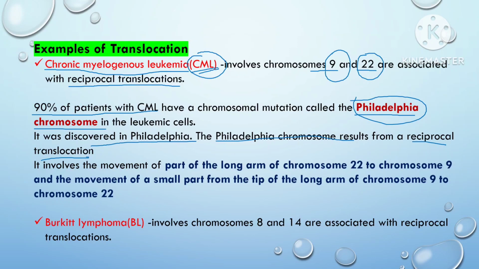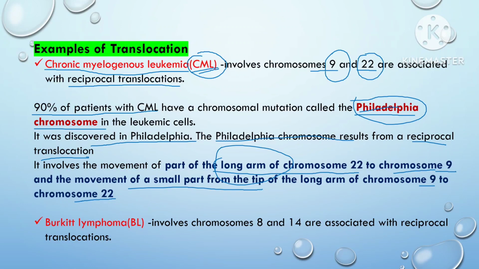It involves the movement of part of the long arm of chromosome number 22 and chromosome number 9. So the long arm of chromosome 22 is moved to chromosome number 9, and a small part of the long arm of chromosome 9 is moved into chromosome number 22. Because of this movement, the Philadelphia chromosome happens.